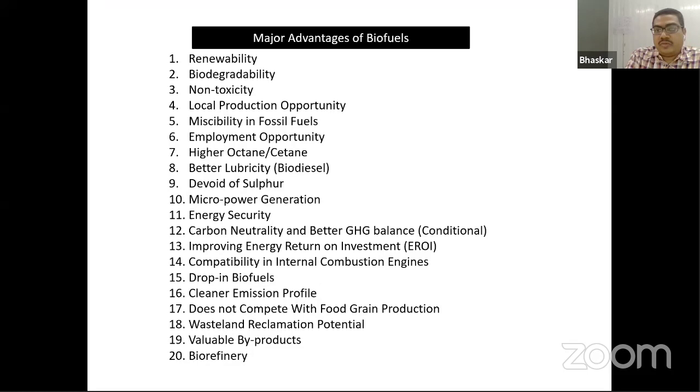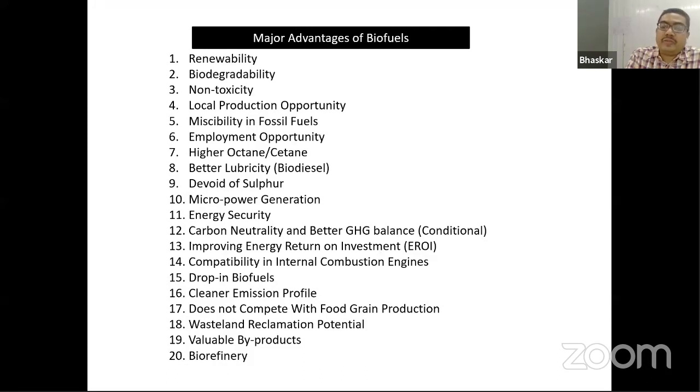All the biofuels, biodiesel, bioethanol, biohydrogen, biomethane, are renewable. They are biodegradable, less toxic, and miscible with fossil fuels. They can generate employment opportunities. They have better lubricity, are devoid of sulfur, and offer energy security, carbon neutrality, wasteland reclamation, and the biorefinery approach.